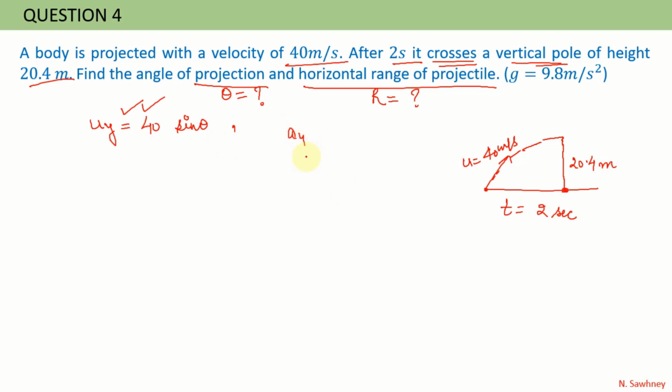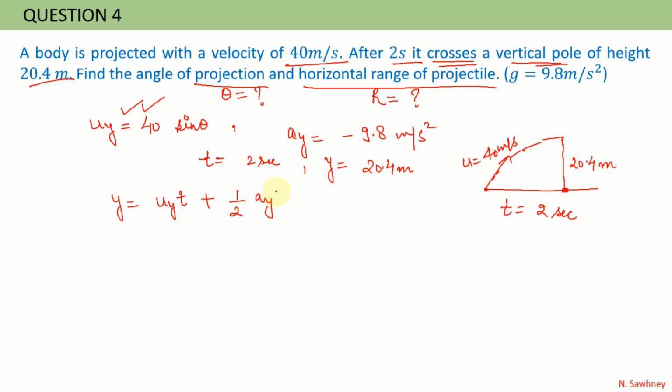And acceleration will be minus 9.8 meter per second square. Time is given as 2 seconds. So here y is 20.4 meters. So we can use the equation y is equal to ut plus half at square.